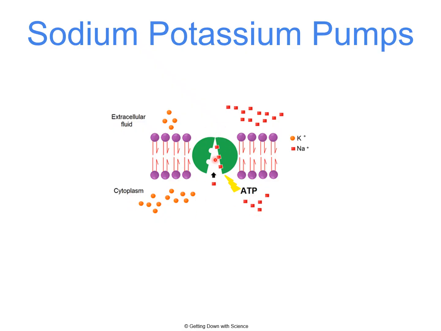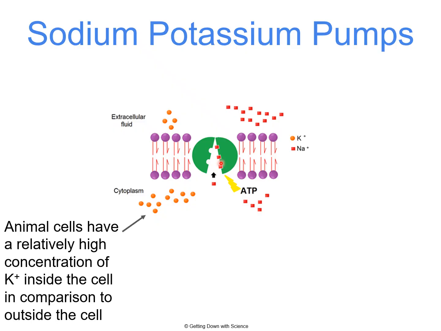And the sodium potassium pump is responsible for maintaining that ion potential. So what it pretty much does is it will pump sodium out of the cell, and it pumps potassium inside the cell. So that's pretty much what it does.